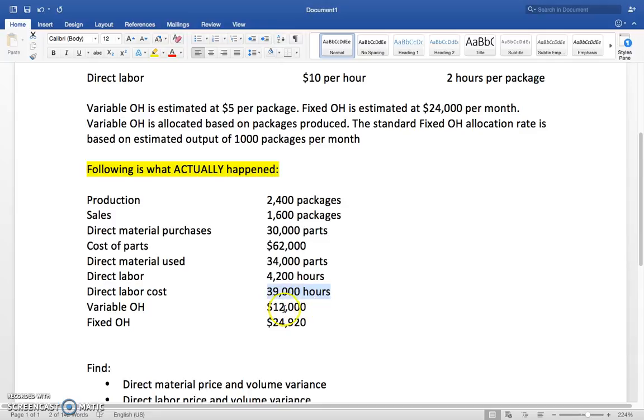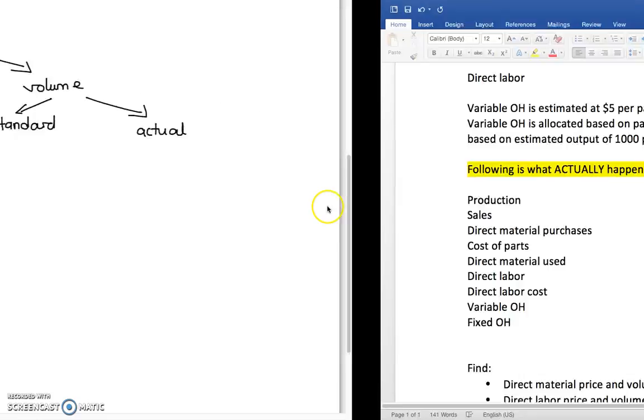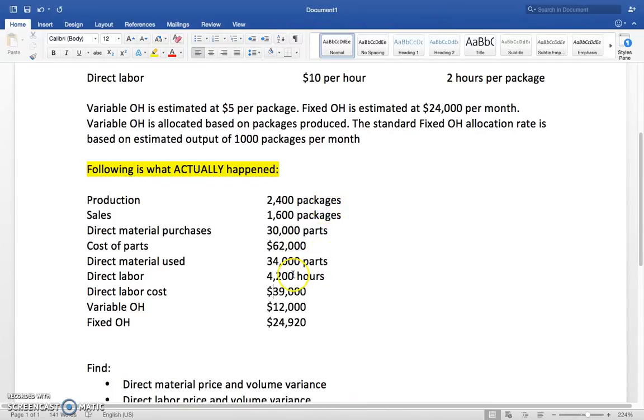Again, if this information wasn't given to me, all right, this is in dollars. If this information was given to me directly, I would take whatever price was given to me, so my actual price times my actual labor hours.